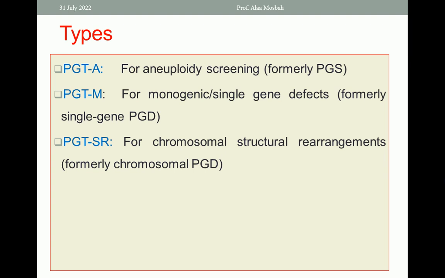This was named in the past chromosomal PGD. So the recently used names are PGT-A, PGT-M, and PGT-SR.